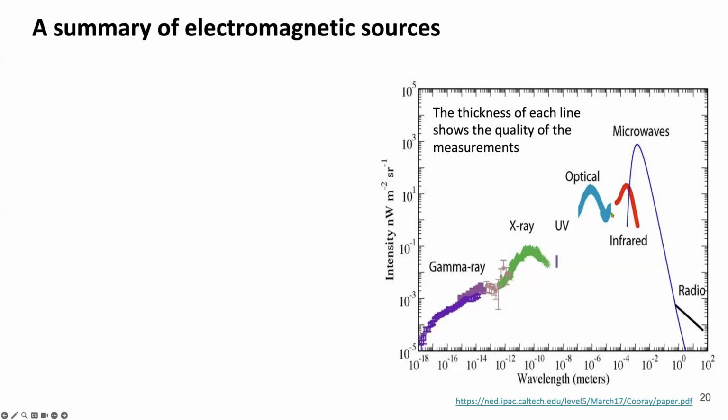There's optical background. There's optical light in the universe not coming from stars. We need to understand where it's coming from. Same with infrared, ultraviolet, X-rays, and so forth. We do see radio waves, and we have been making recent progress in understanding the radio background as opposed to the microwave background.